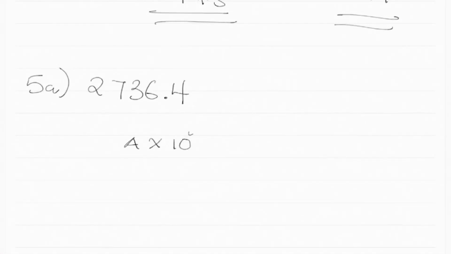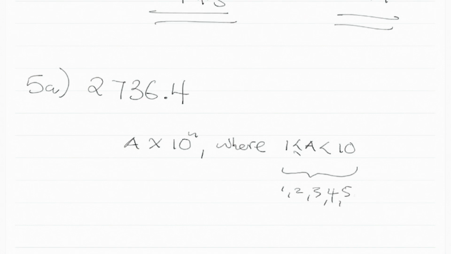Numbers in standard form are written in this form: A times 10 to the power n, where the number A is such that 1 is less than or equal to A, and A is less than 10, meaning that this number A should fall between 1, 2, 3, 4, 5, 6, 7, 8, 9.